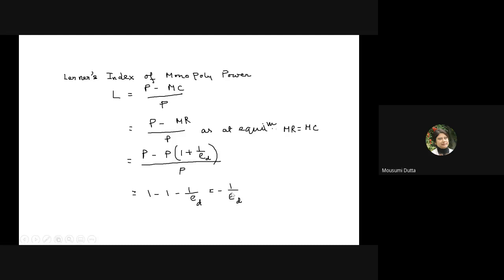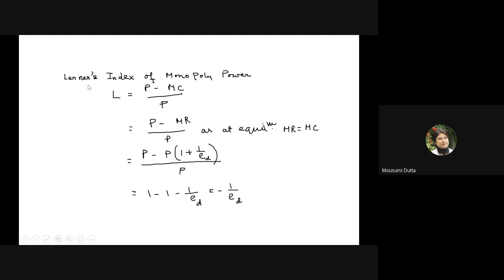So looking at the elasticity of demand, we can say whether the monopolist has greater power or lesser power. The more inelastic the demand, the higher this value. The more elastic the demand, the lower the value of this ratio will fall. Lower is the value of E, higher will be 1 upon E, and greater will be the power. So elasticity determines the power of the monopolist.